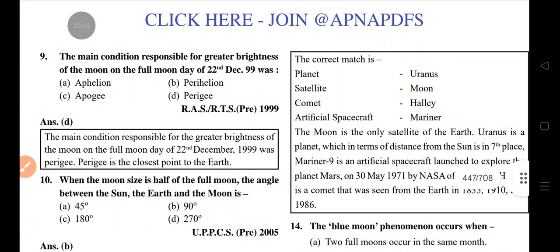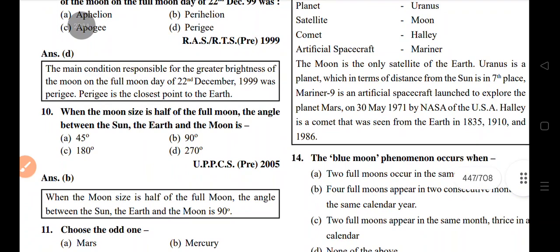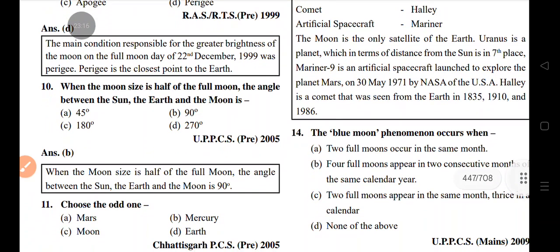The main condition responsible for greater brightness of the moon on the full moon day 22 December was perigee. When the moon's size is half of the full moon, the angle between the sun, earth and moon is 90 degrees.